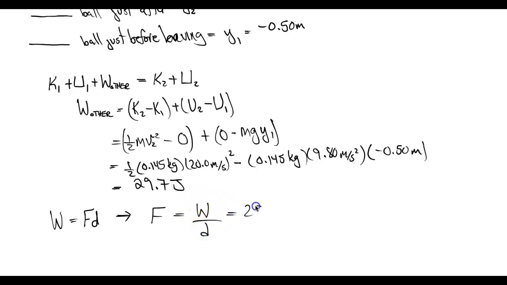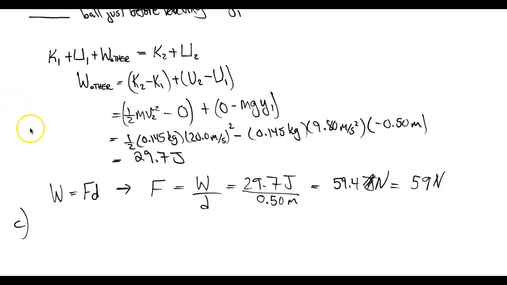So this is 29.7 joules over the distance that the ball travels in our hand, which is 0.5 meters, which gives us about 59.4 joules. And since we're looking for significant figures, we can say this is just newtons, not joules, sorry.